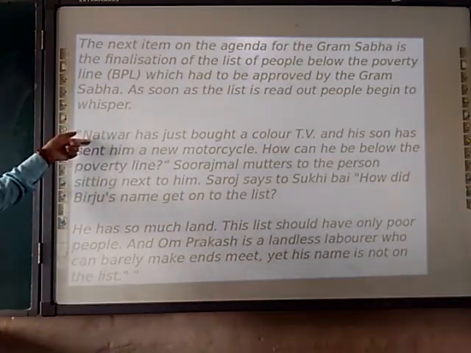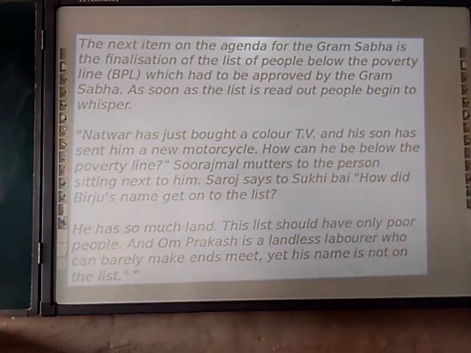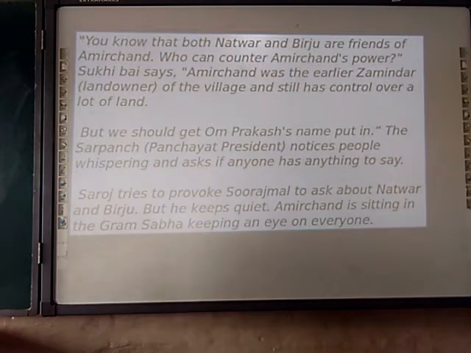But here Natwar has just bought a color TV, and Natwar's name is there. Next, you know that both Natwar and Birju are friends of Amichand, who can counter Amichand's power. Sukhibai says Amichand was the earlier Zamindar, landlord of the village, and still has control over lots of land. But we should get Om Prakash's name put in.